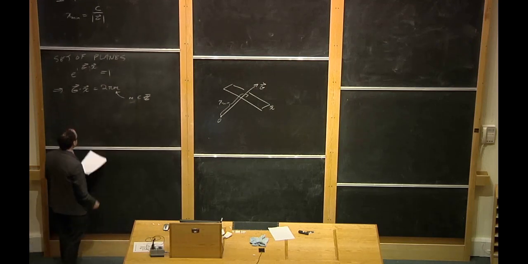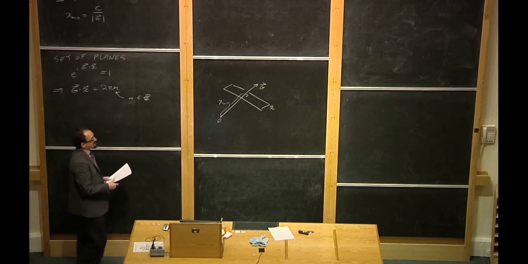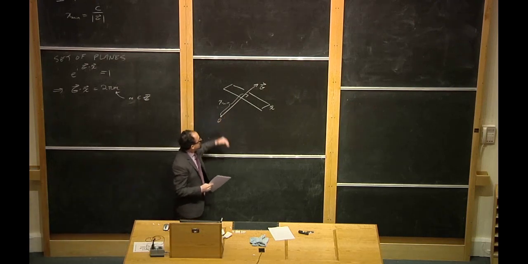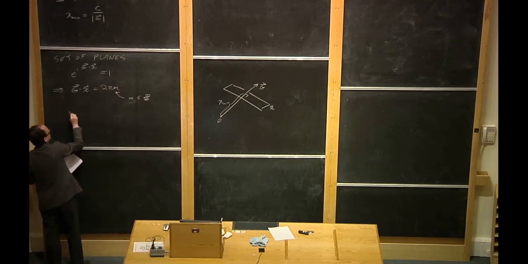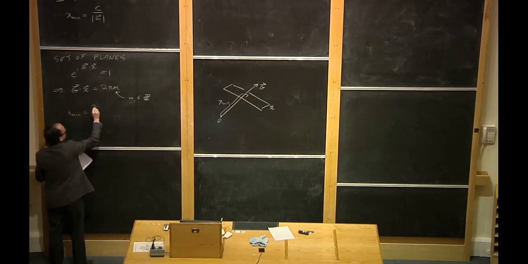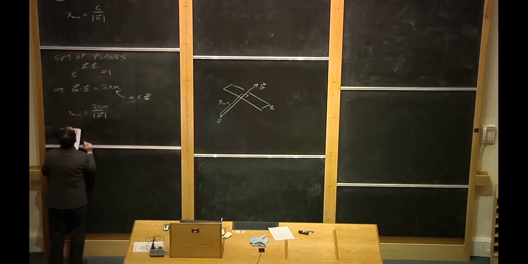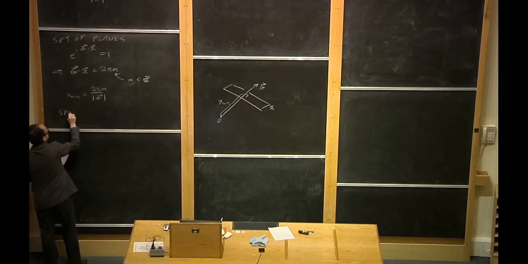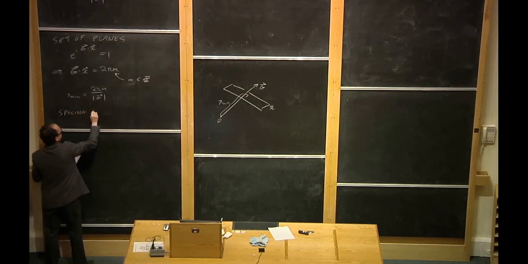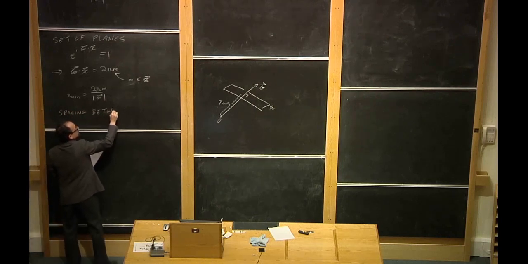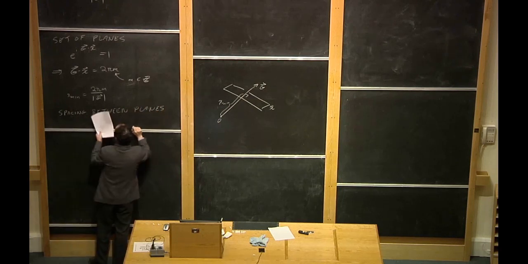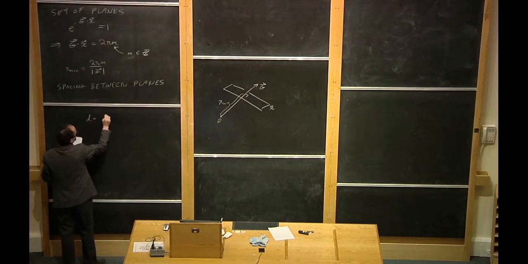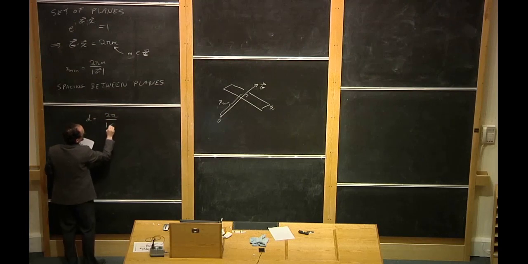So that means we have a whole bunch of planes whose minimum distance to the origin is given by 2 pi m. So x min equals 2 pi m over absolute G. So the spacing between planes, d, is 2 pi over absolute G.